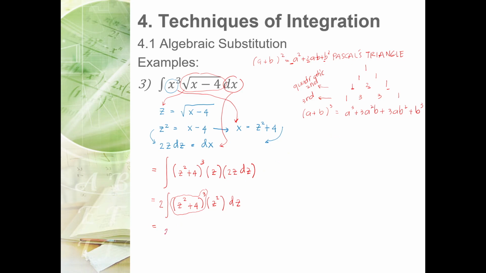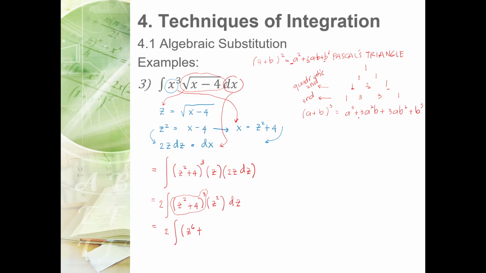Okay, so this gives us 2 integral of, by shortcut, z to the power of 6. So squared and cubed, right? Power rule, power to power, you multiply, 2 times 3, that would be 6. Plus, so a squared b, this would give us z to the power 4.